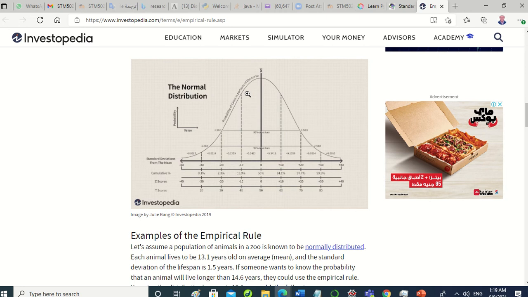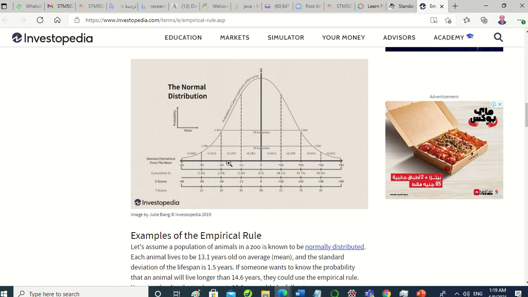So we have three terms here: the first standard deviation, the second standard deviation, and the third standard deviation. The first one lies in this narrow area.